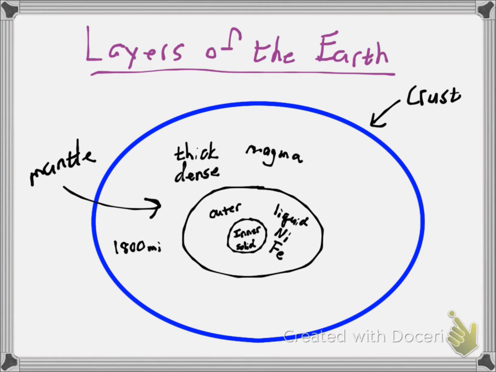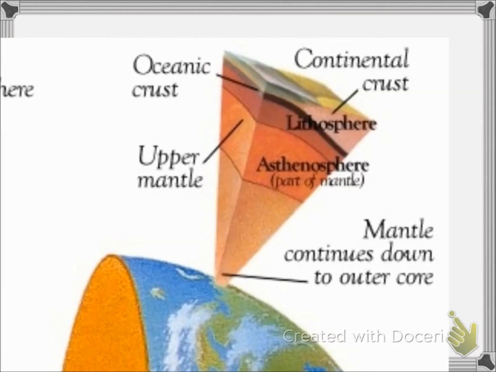Now we will further subdivide the mantle into 2 other layers. The 2 parts of the mantle we'll discuss are the lithosphere and the asthenosphere.